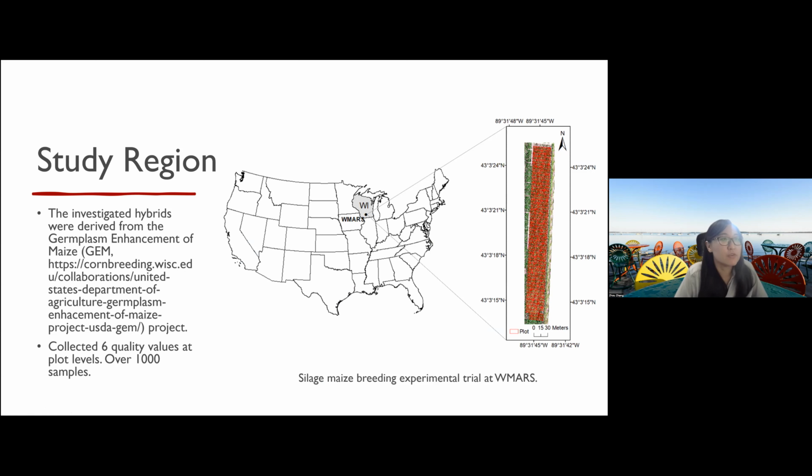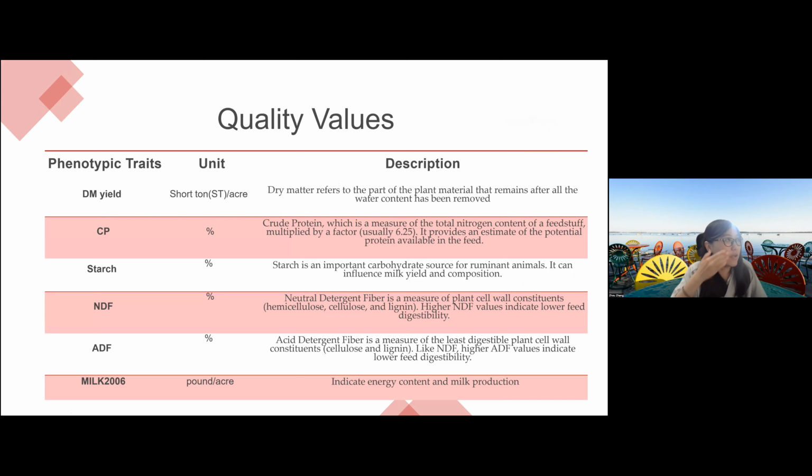So like other UAV work, we need to collect data and also extract the plot-level information for further data analysis. For the quality values, we collect the dry matter yield, crude protein, starch, NDF, and ADF. Finally, we combine all these individual phenotypic traits into a summative equation to select the top varieties.